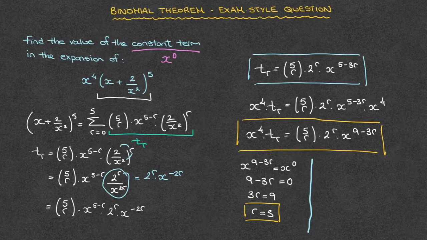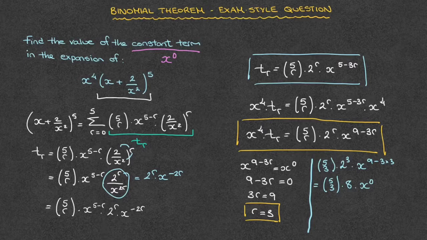There we go. So replacing r by 3, we have the binomial coefficient (5 choose 3) times 2 raised to the power of 3, times x raised to the power of 9 minus 3 times 3. That's equal to the binomial coefficient (5 choose 3) times 2 to the power of 3, which is 8, times x to the power of 9 minus 9, which is 0, as we expected.